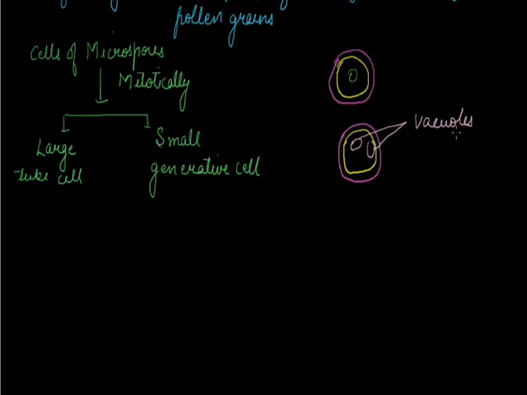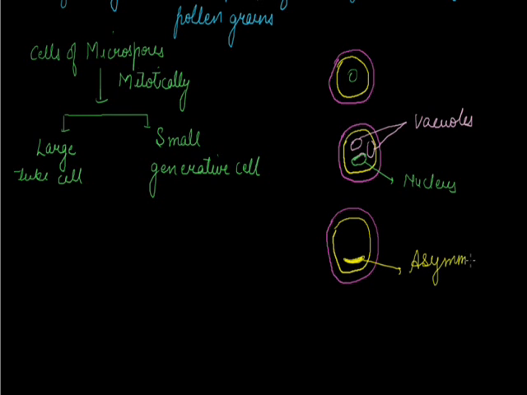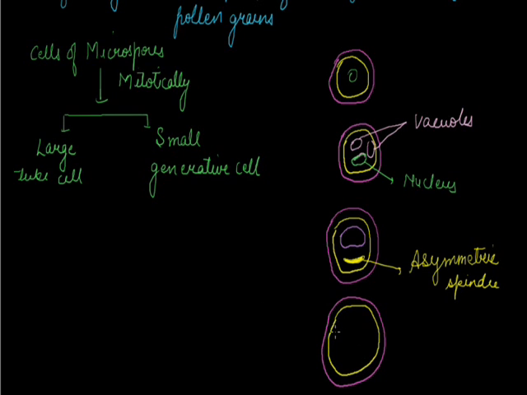These are vacuoles and a nucleus, which further shows an asymmetric spindle, and here a large vacuole, which further results in a protective layer.